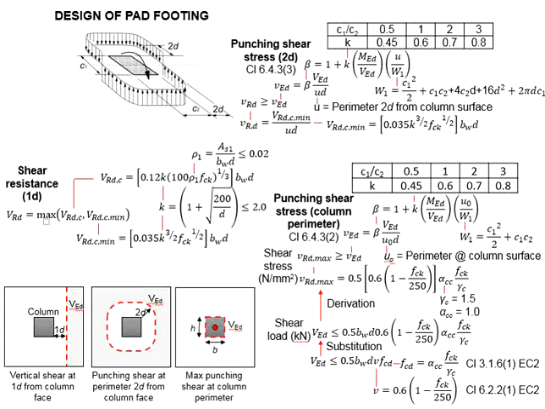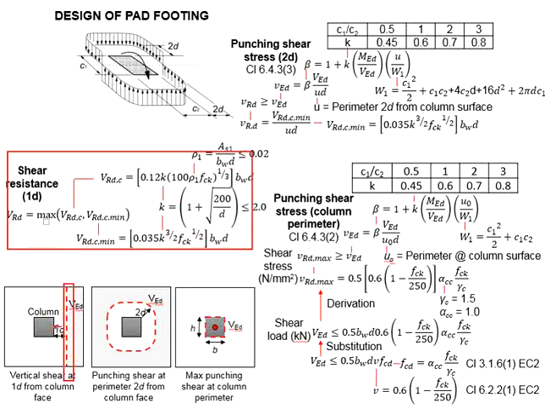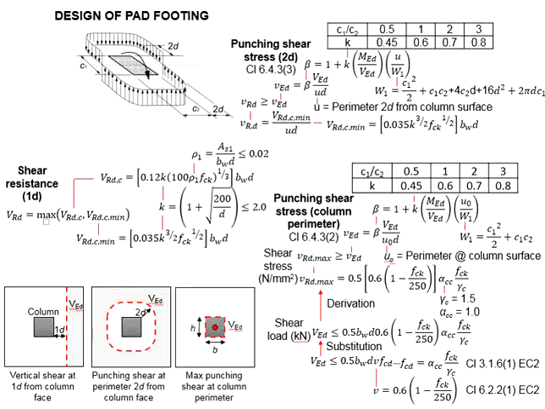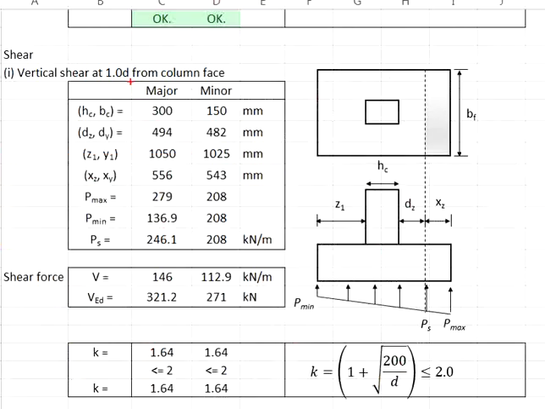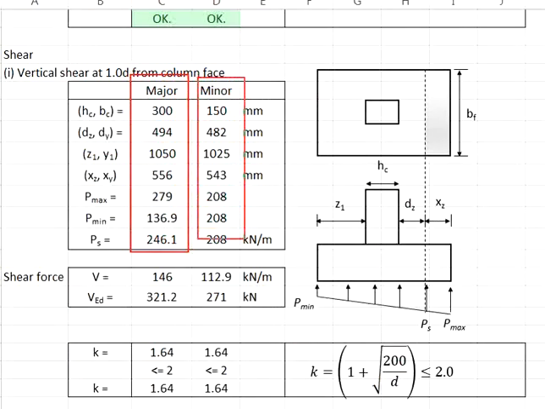In fact, there are three types of shear load that can cause a pad footing to fail. We first deal with the shear loads at the shear plane located at 1d from the column face. We're going to check for both the major and the minor axis, making sure the pad footing has adequate resistance to the shear force acting at the plane.